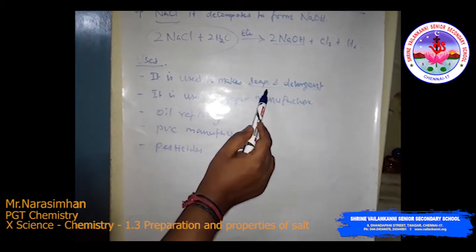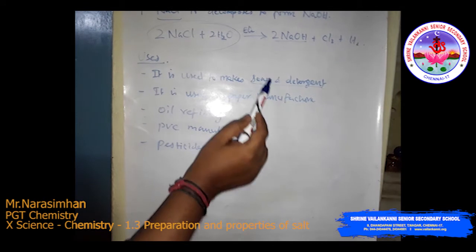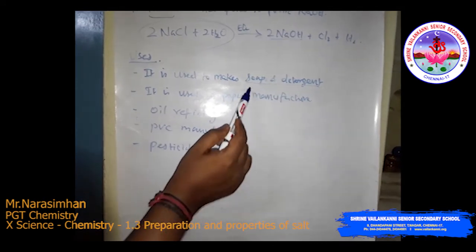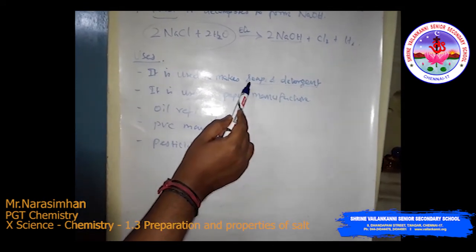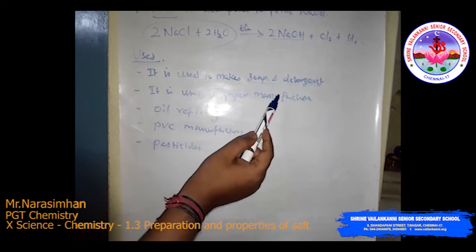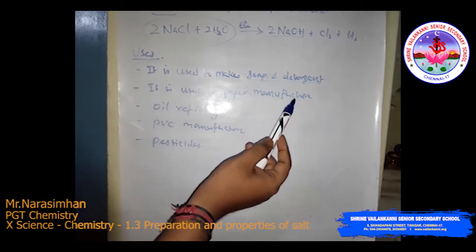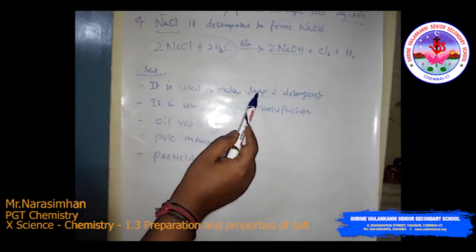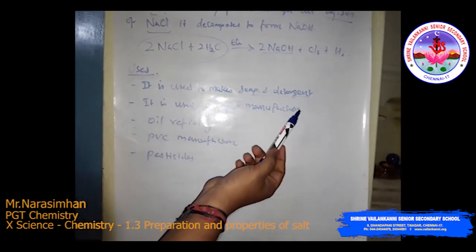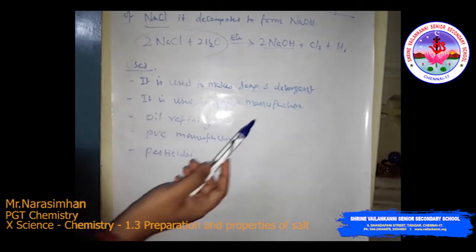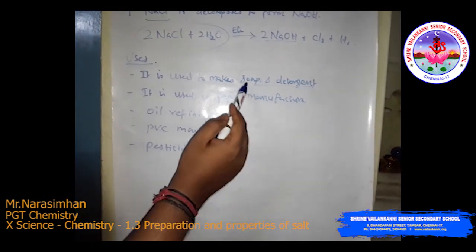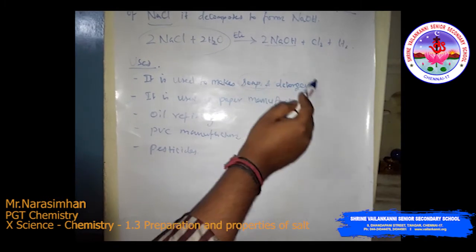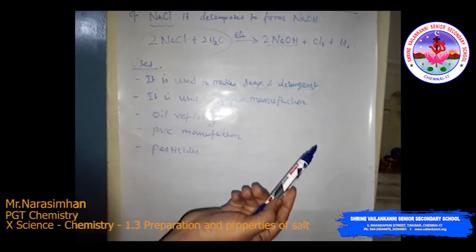These soaps contain NaOH. When NaOH reacts with vegetable oils, that is called the saponification reaction, it forms soaps and detergents, which have different concentrations. Soap has one concentration and detergent has another concentration.